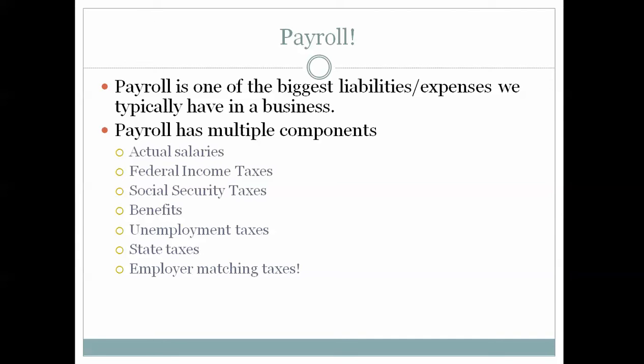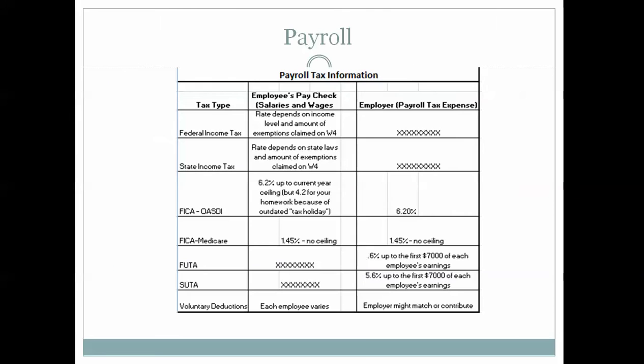We must pay unemployment taxes on our employees, both state and federal unemployment taxes. If we collect any state income taxes, those are going to be liabilities. And then as employers, we also have matching taxes on some of the taxes that we take out of our employees' paychecks. So those are all types of payroll liabilities.